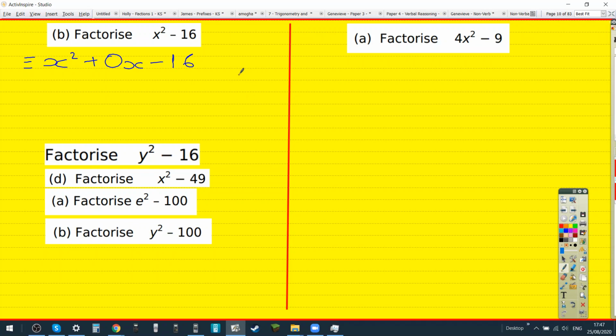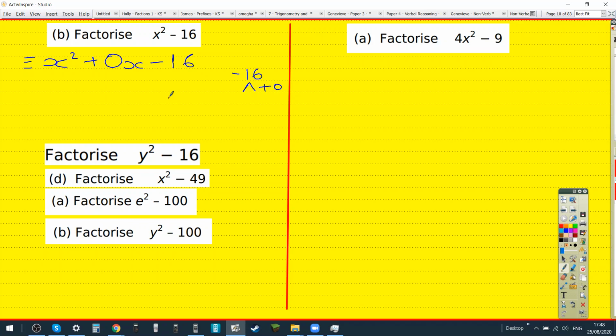And so, what would that factorize to? How would you do that? You need to multiply to get 16 and then add to get 0. So how can you do that?